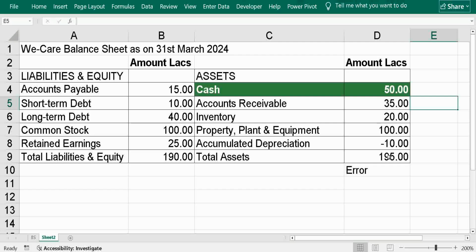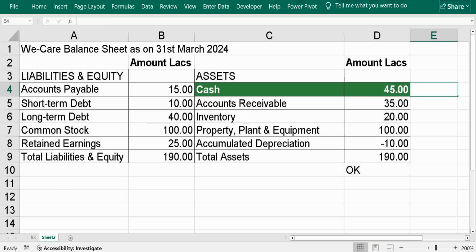To the extent of 5 lakh, cash should be reduced. Then only the total will be tallied. So any item increases, cash will be affected.